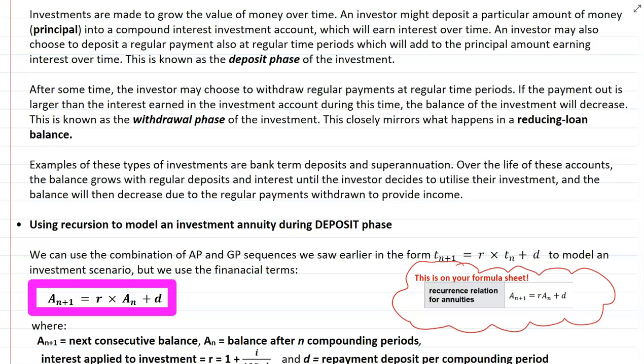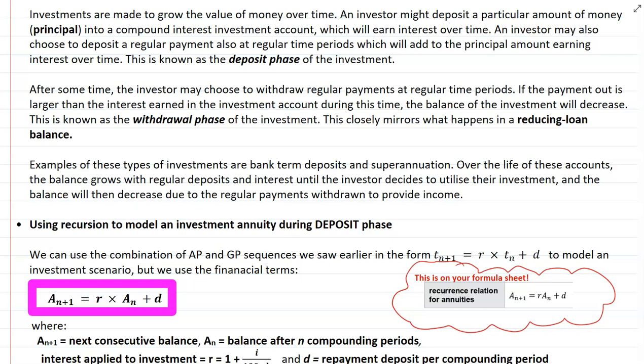And during that time, the investor might also choose to deposit regular payments, which will add to the principal amount. The main difference between loan annuities and investment annuities is that with loan annuities, you're essentially making regular payments to pay off an amount of money you've borrowed. And then once you get to that zero balance, you're done.